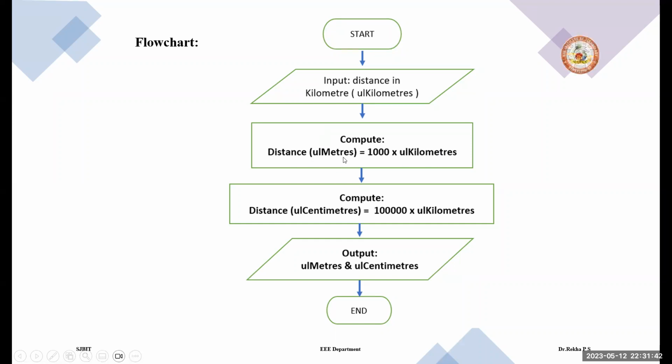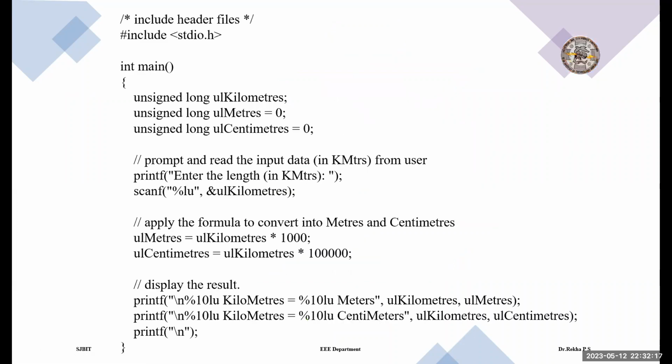Then the same value entered in kilometers should be multiplied by 100,000 and again saved back to the variable UL centimeters. Then you have to print the meters as well as centimeters values stored in the variables. So you end the process. This is the flow of the program.